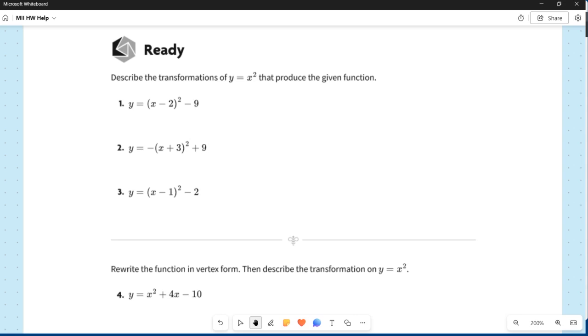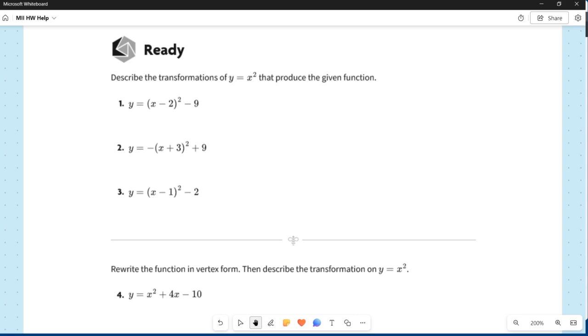So the first problem that was assigned was number 2. Our equation says y equals, and you can see that there's been a couple of modifications from the parent function. We have a negative, that's one modification. Then parentheses x plus 3, so that plus 3 is another modification, that's squared.